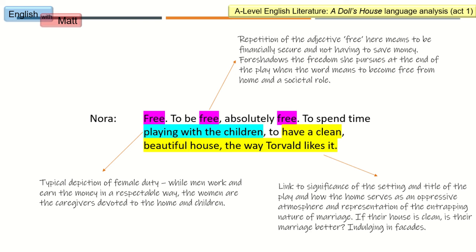And as the play develops, of course, and we understand Krogstad's blackmail, that home begins to be replaced from being a beautiful place to a place of oppression and claustrophobia. And it also represents metaphorically the entrapping nature of marriage. So it's indulging there in facades.